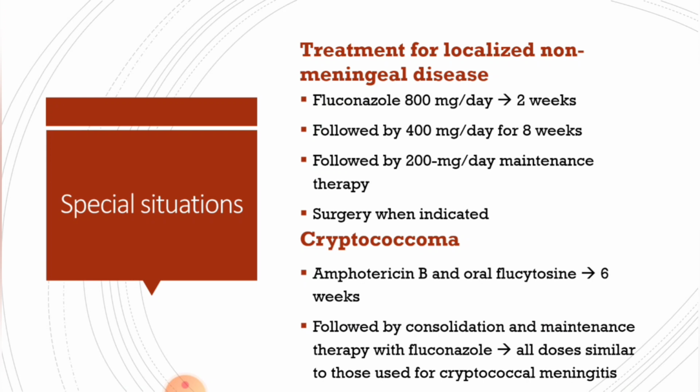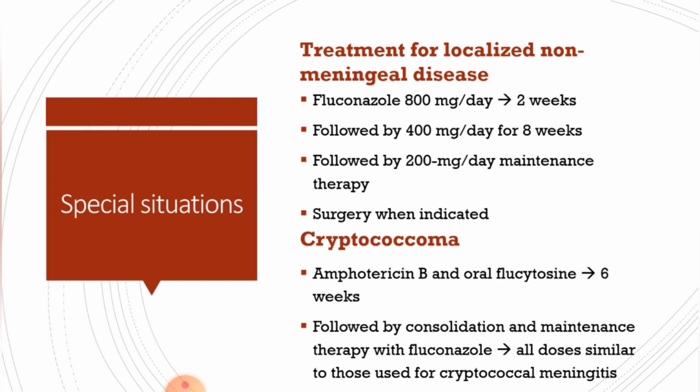After CNS and pulmonary, it can cause cutaneous disease, a mass in the liver, a mass in the prostate, etc. There, wherever surgery is feasible, you can do surgical excision of the mass, and concurrently the patient can be started on fluconazole therapy, that is 800 mg for the first 2 weeks, followed by 400 mg per day for 8 weeks, and then 200 mg maintenance therapy for around 1 year.